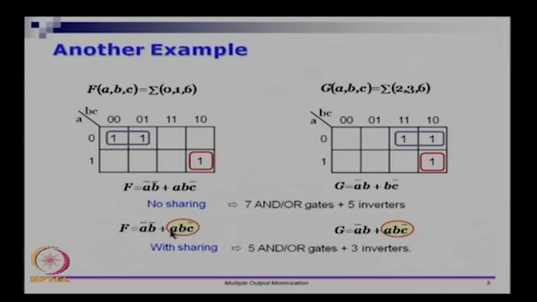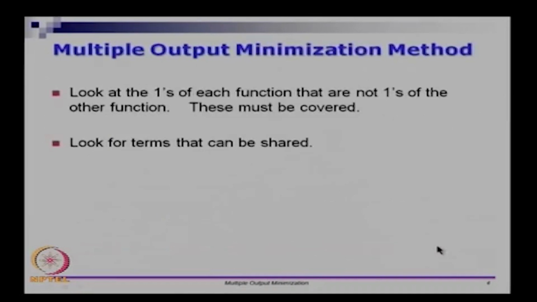So you need 3 inverters, one for A, one for B, one for C. Otherwise this term requires 2 AND gates. So remember ABC bar is 2 AND gates, so 1 AND gate here and 1 AND gate for this one, and this one requires 1 AND gate, this one requires 1 AND gate. So that is 4 AND gates plus 2 OR gates plus 3 inverters. So we have reduced the hardware cost by 1 AND gate.